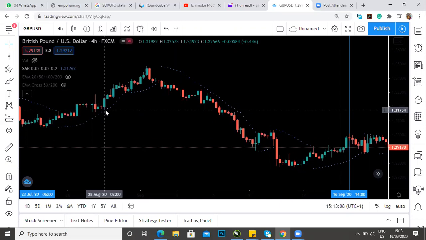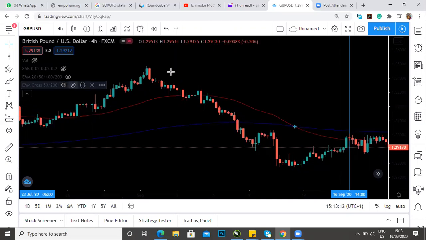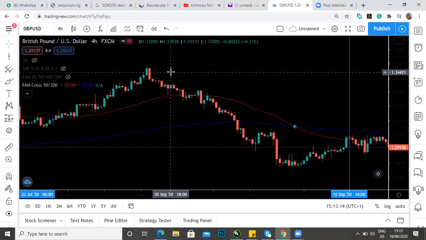So what do I understand by EMA? I know most of us must have come across something called a death cross or a golden cross. Now, the help of this EMA is to determine when the trade is going for a death cross or a golden cross.